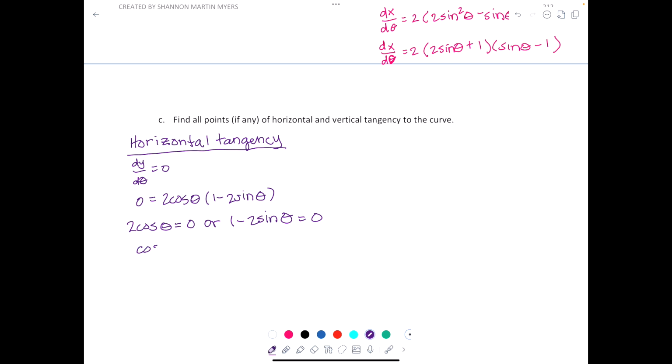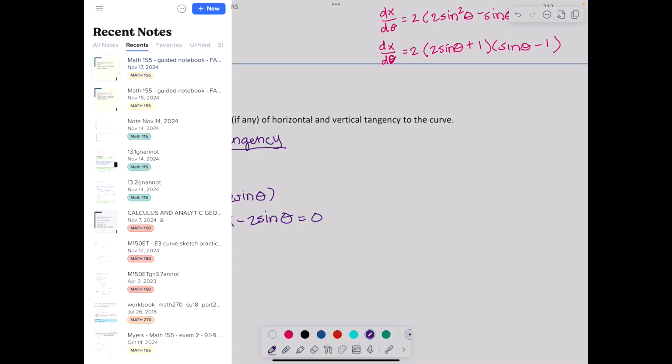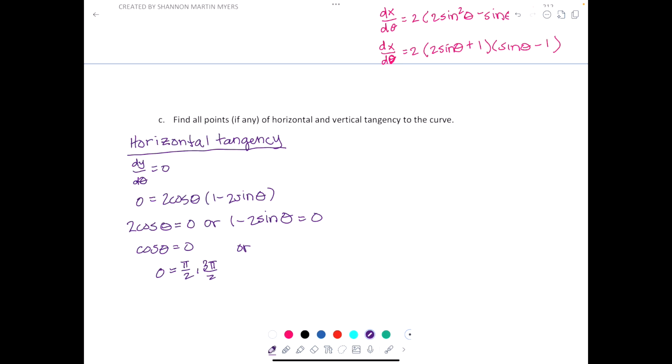So this would be cosine theta is 0. Theta would be pi over 2, or 3 pi over 2. Or one equals 2 sine theta, which leads us to sine theta is 1/2.